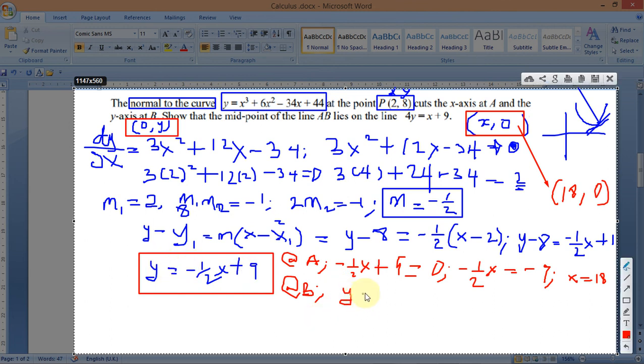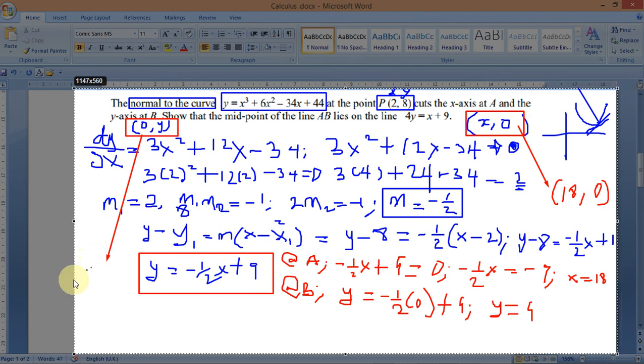So y equals minus half into 0 plus 9. So you can see that y equals 9. So when x equals 0, y equals 9. So I can go ahead and find the midpoint now.